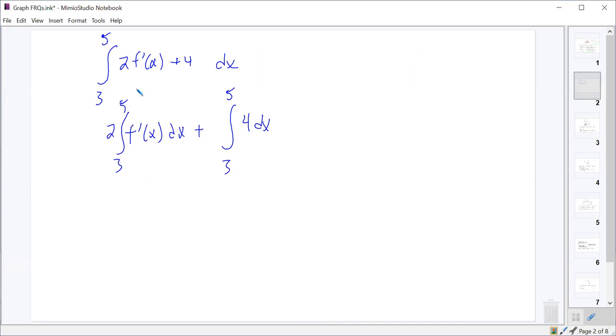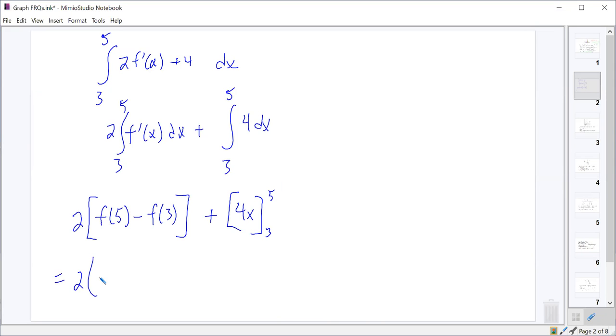Then the integral of f prime ought to be just f, and we'll evaluate that at 5, and f evaluated at 3, and then this one just becomes 4x, evaluated from 5 to 3. And then we'll just figure out what all those values are.